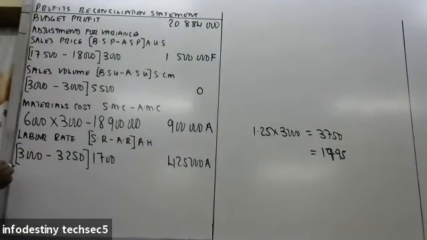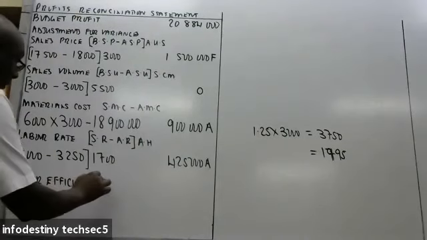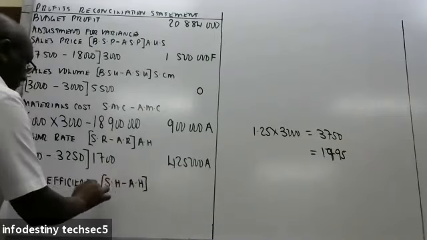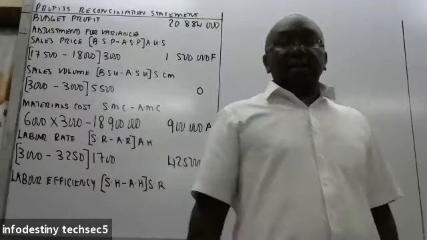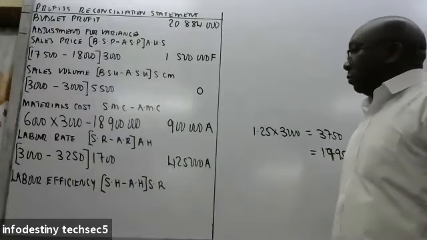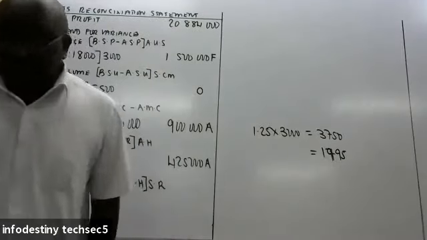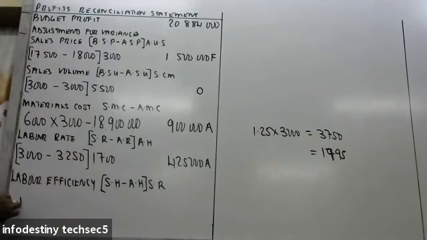The next one is labor efficiency. The formula is standard hours minus actual hours, you multiply by standard rate. From our workings that we had the other day on learning curves, we were able to establish that the standard hours are 1795.